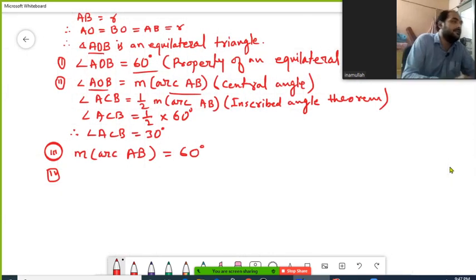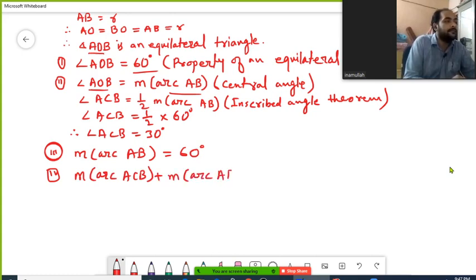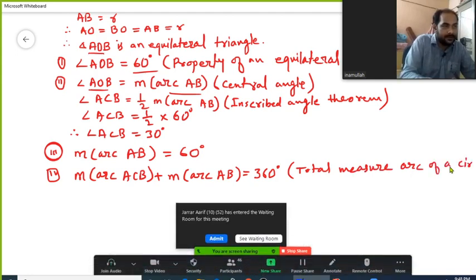So here we will say major arc ACB plus major arc AB is equal to 360 degrees. Reason: total arc of a circle is 360 degrees.